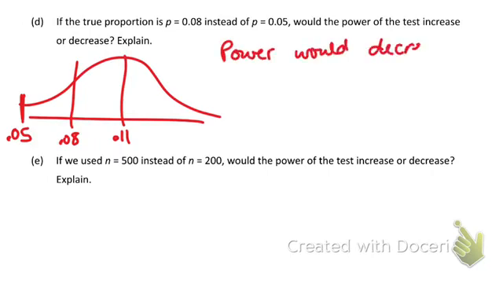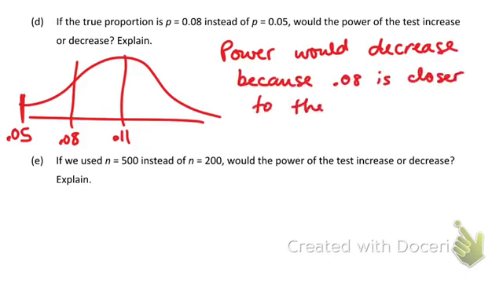So power would decrease because 0.08 is closer to the claimed value, so it's harder to prove that there's a difference.